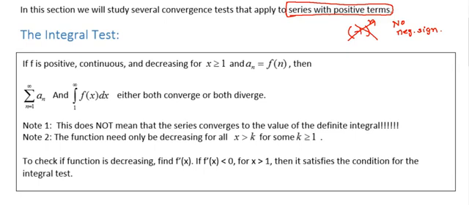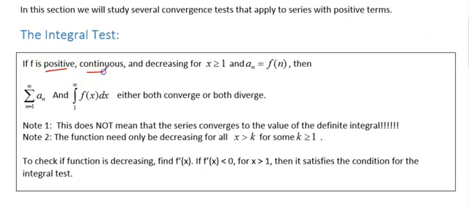Okay, so the integral test says if f is positive, continuous and decreasing for all values x greater than 1, then we are going to look at the series as a function. Any series a sub n, we are going to make it look like a function.